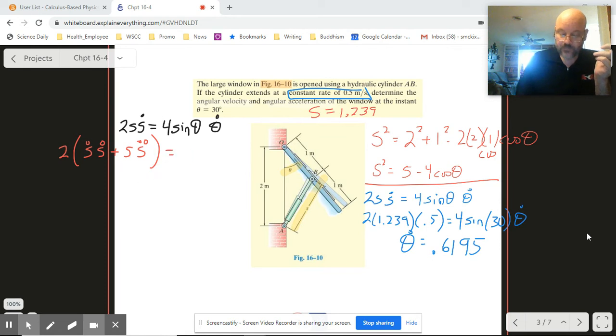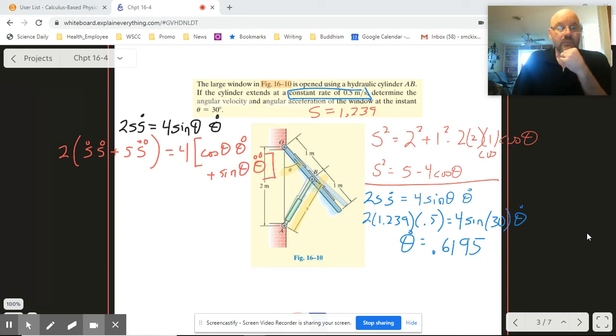Okay. Keep going here. I've got 4 onto cosine theta, theta dot, plus sine theta, theta double dot. Sort of like that. Okay. Now, we know s dot.